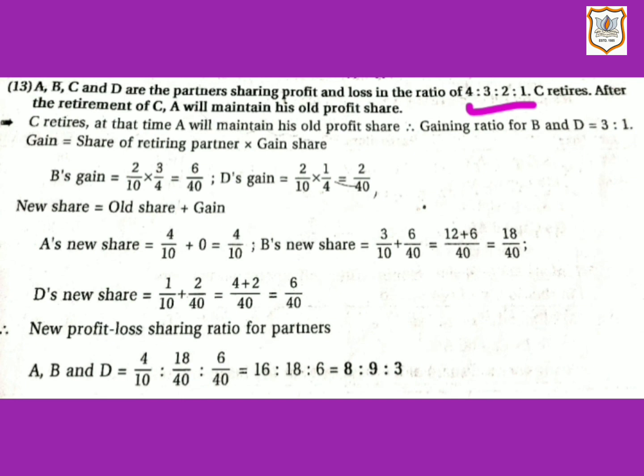Therefore, the gaining ratio of B and D is equal to 3:1, which is the same as their old ratio, that is 3:1.